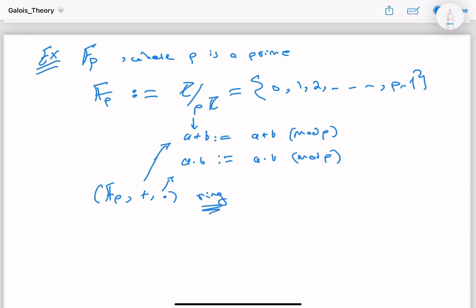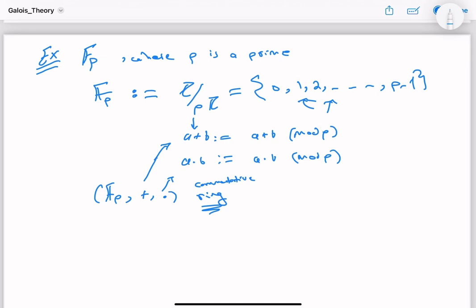And it's obvious that if you multiply any two elements in here in whatever order you want, the multiplication is commutative, so this is a commutative ring, right? So why is it a field? It suffices to tell you why every element of this set has a multiplicative inverse, and this will complete the proof of why it is a field.